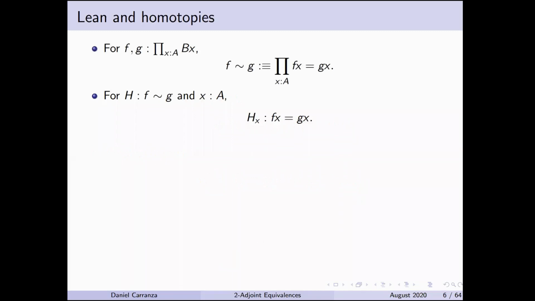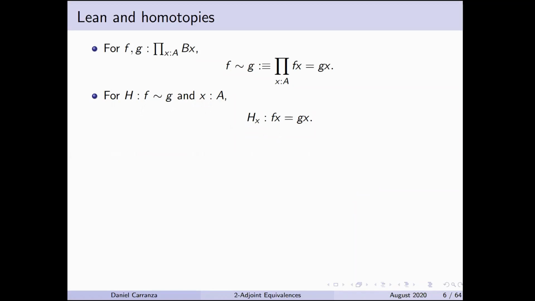Some other things, we know that for any two dependent functions, f and g, we define a homotopy between them to just be this pi type, which basically says they're point-wise equal. That's nothing special. And if we want to take a homotopy and apply it to a point, we're just going to notate that using some subscript notation.